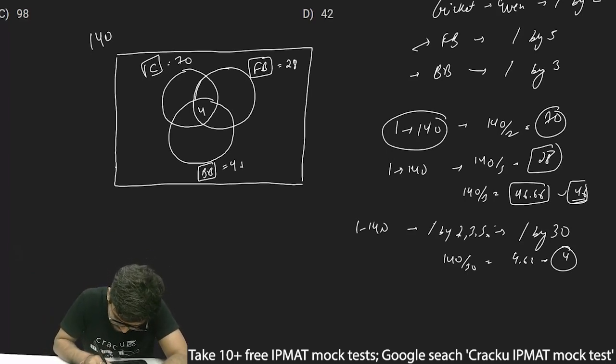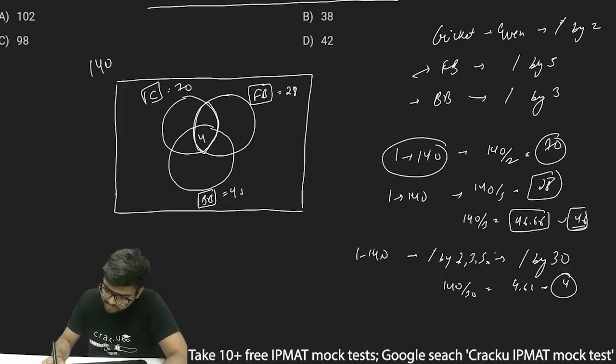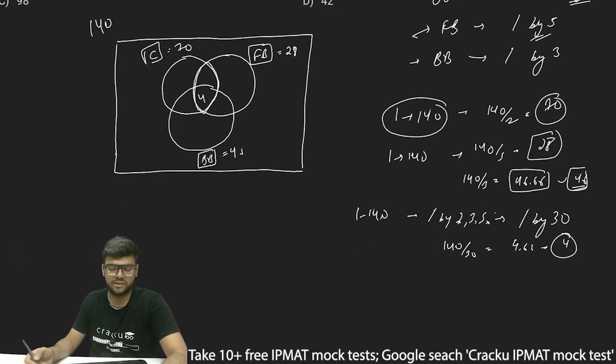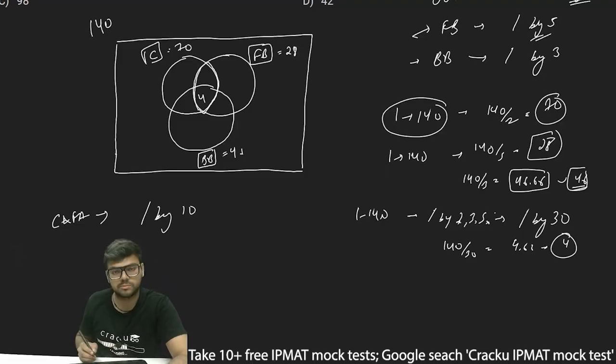Now if I look at this particular part, this represents all the students who are playing cricket and football. So all the roll numbers were divisible by 2 and divisible by 5. So divisible by 2 and divisible by 5 means divisible by 10. Cricket and football is basically all the students who are divisible by 10.